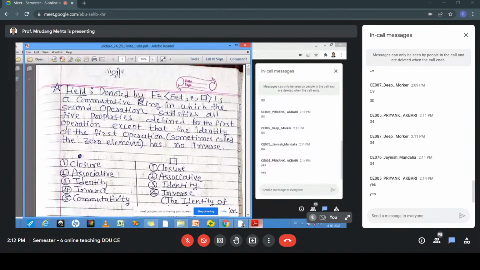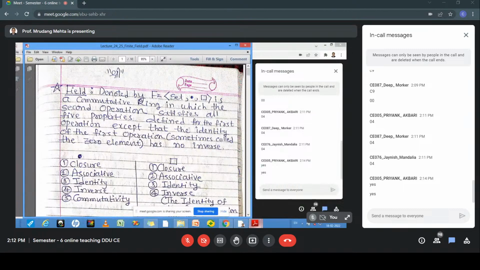We are not yet defining the operators themselves, whether it is plus, minus, etc., but some 2 operators are taken. So we have taken some set, one operator and a second operator, is a commutative ring.